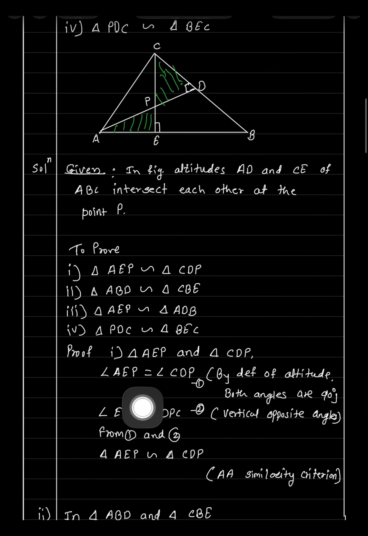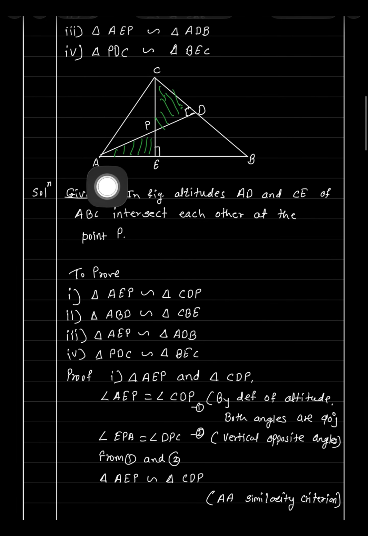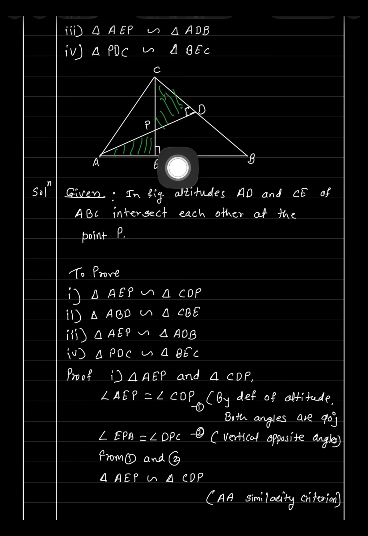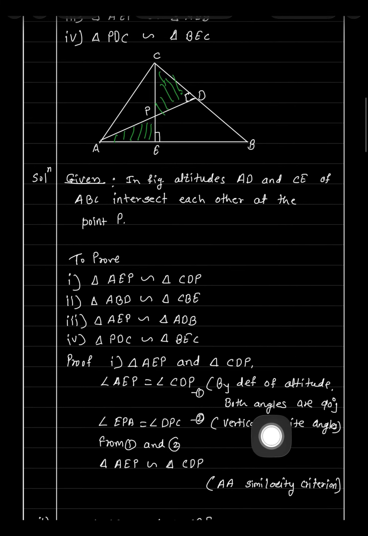Angle AEP, since it is an altitude, is 90 degrees, and angle CDP is also 90 degrees. By the definition of altitude both angles are 90 degrees. Both angles are equal.